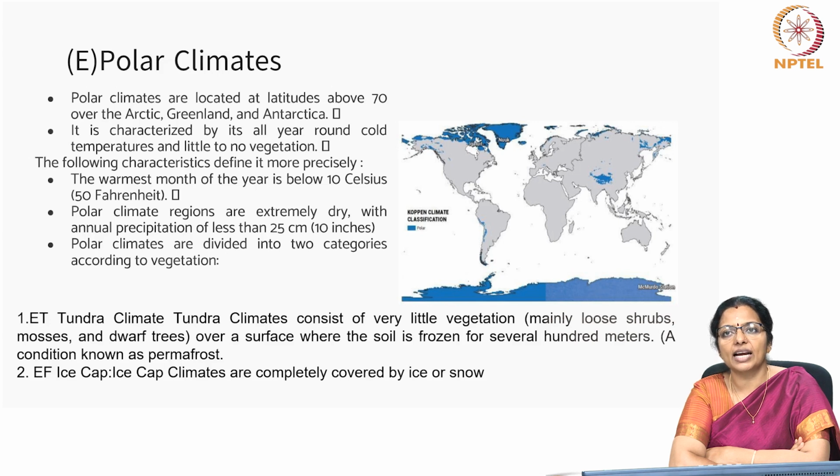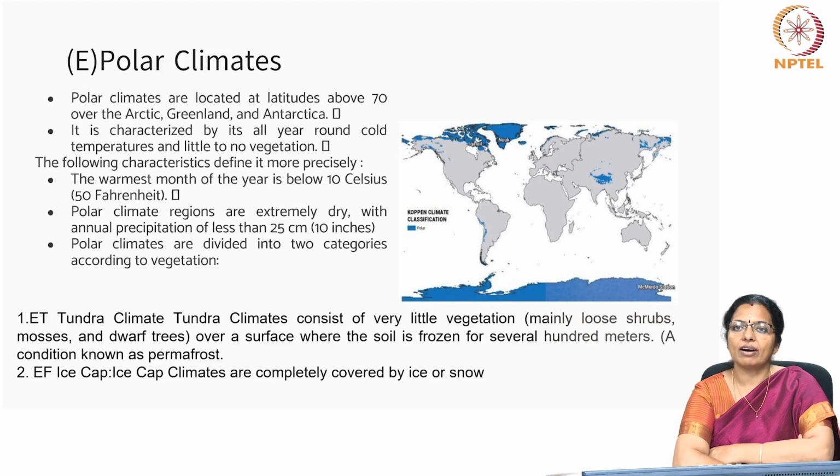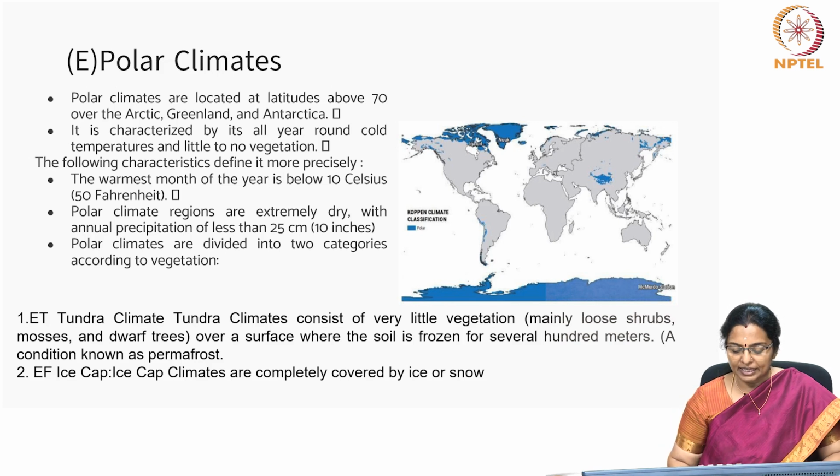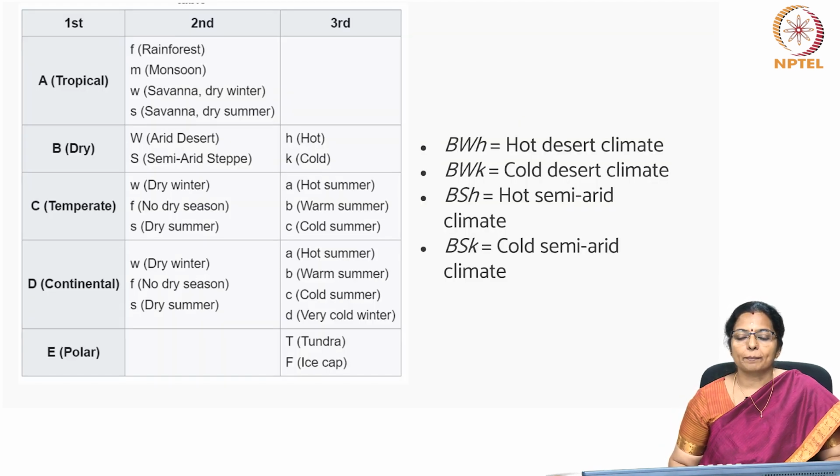These climates are categorized into 2 types based on vegetation. ET, tundra climate, characterized by sparse vegetation and permafrost, and EF, ice cap climate, which is entirely covered by ice or snow. Understanding these distinctions helps us appreciate the unique environmental conditions present in polar regions.